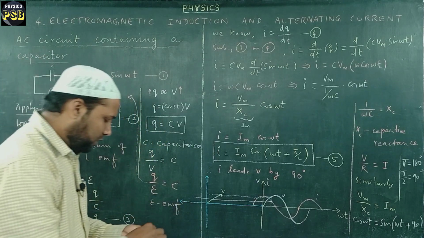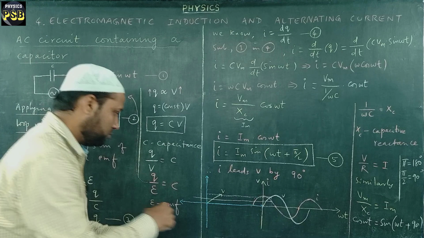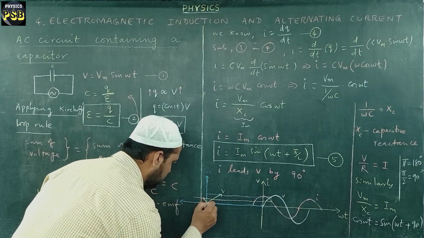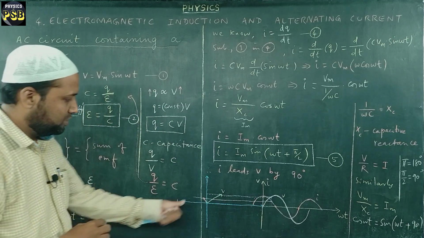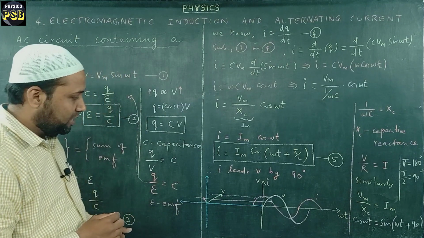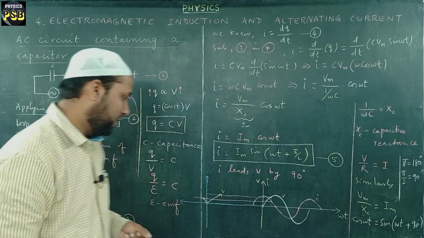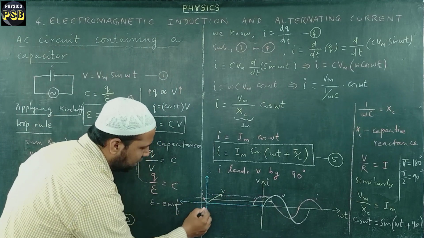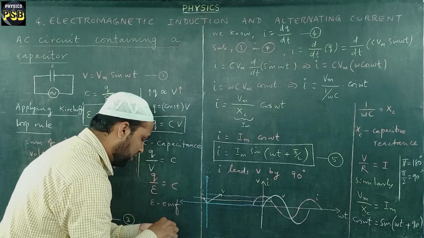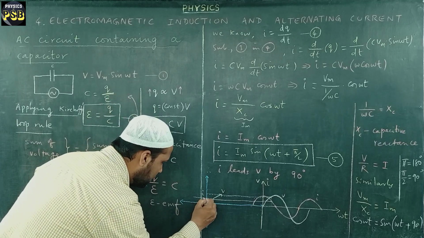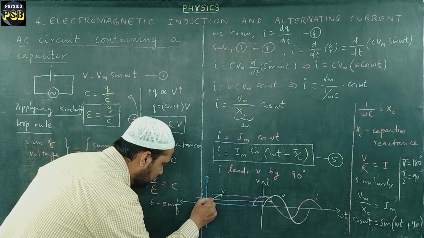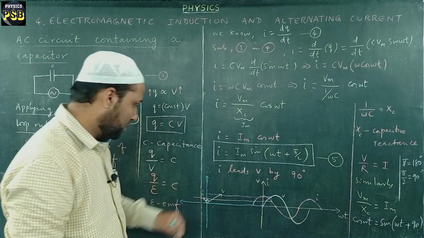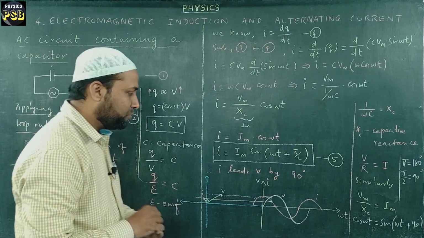See this line that I draw here. It provides me the phasor diagram of current. This point is I. Now, the angle between these two is 90 degree. So this clearly shows that I leads the voltage by 90 degrees. This is what it represents.